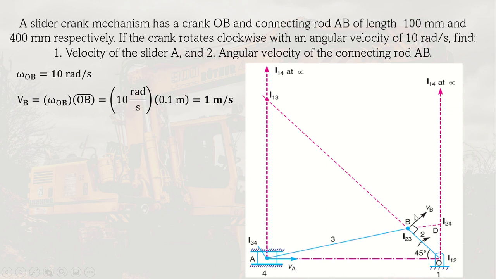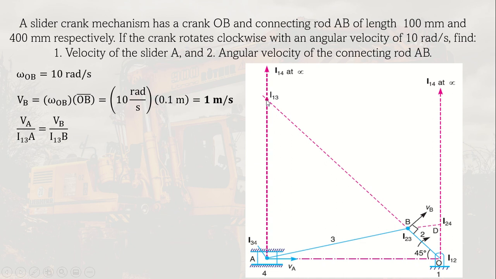Now that we draw VB, we're going to use our knowledge that if they are located in the same instant center, they will have the same angular velocity. So therefore, this velocity of A over the distance of the instantaneous center, I3A, so this one. So this is I3. We focus our attention on this instantaneous center I3.